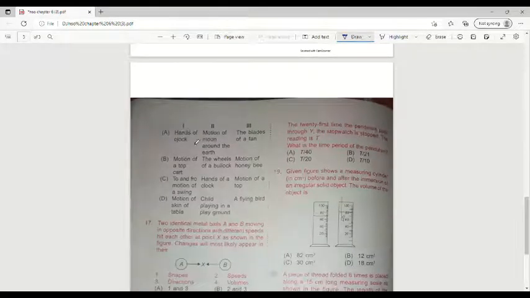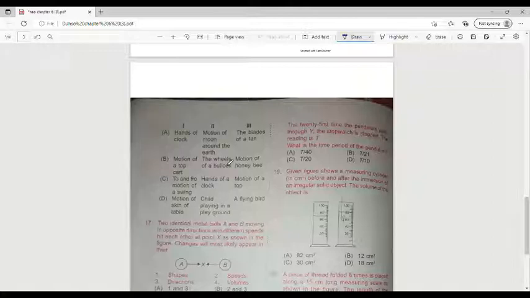First: hands of a clock, motion of the moon around the earth and the blades of a fan. Second option: motion of a toy cart, the wheels of a bullock cart and motion of a honeybee. Third option: to and fro motion of a swing, hands of a clock and motion of a top.